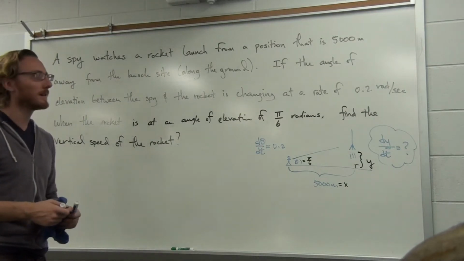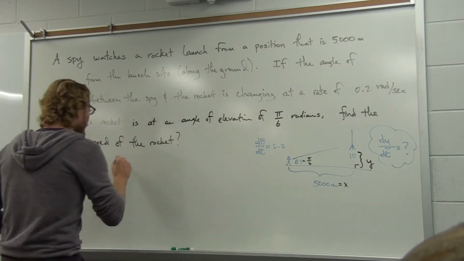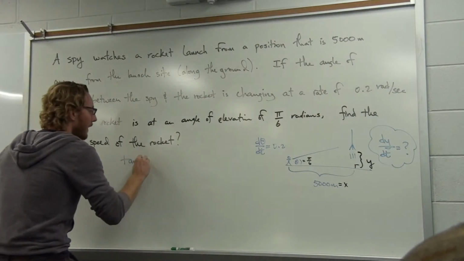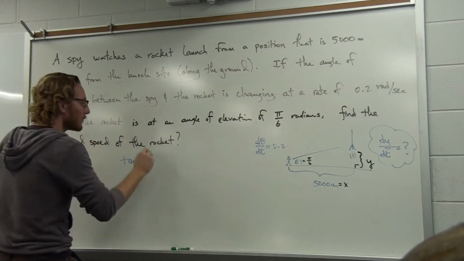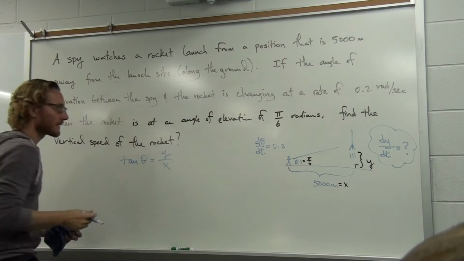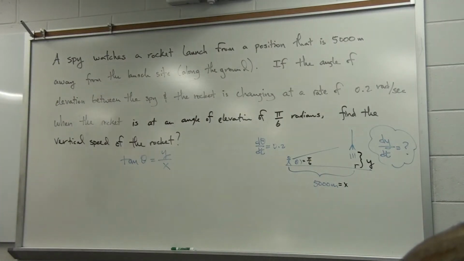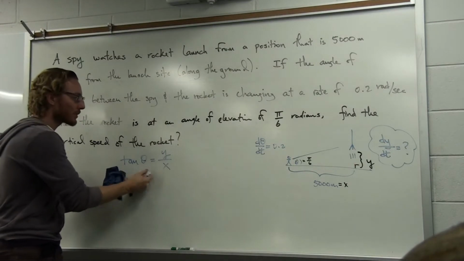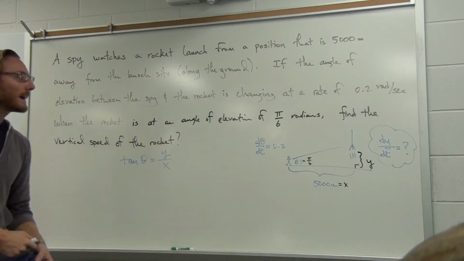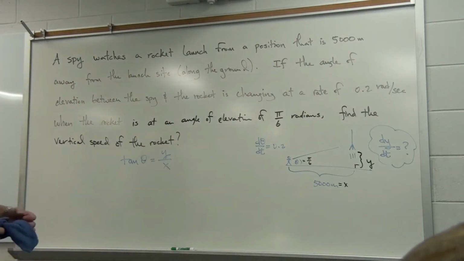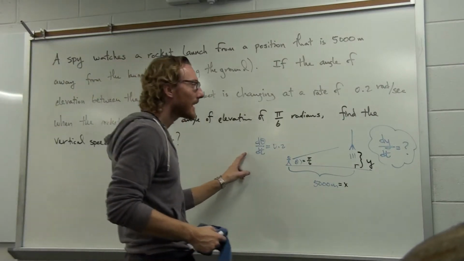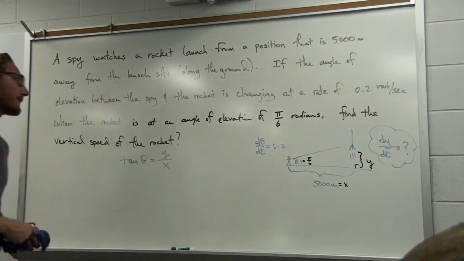Yes, we do. We can say the tangent of our angle is equal to y over x. The tangent of our angle is equal to the opposite over the adjacent. Now we've got a relation between our theta, our y, our x, and now we can play calculus to get our d theta, our dy involved.